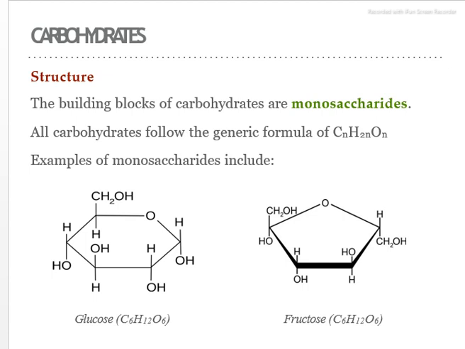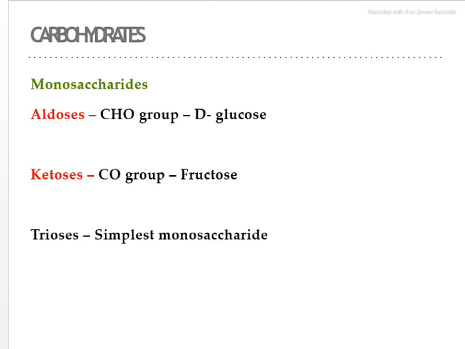The examples of monosaccharides are glucose, fructose, then galactose. These are the examples of monomers. If we go into more detail about monosaccharides, there are two types present. First one is aldoses and the second one is ketoses. Aldoses are the carbohydrates which have a CHO group as a functional group.